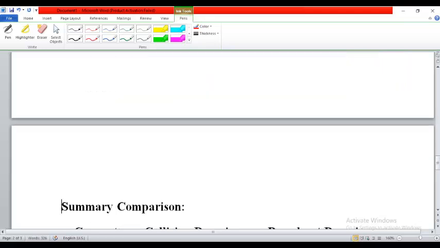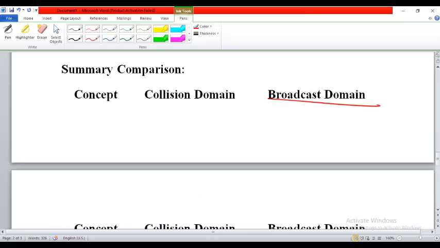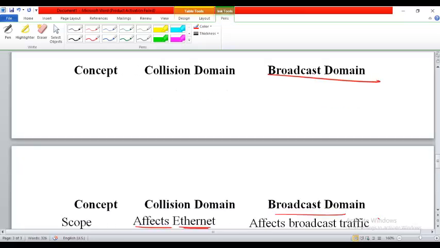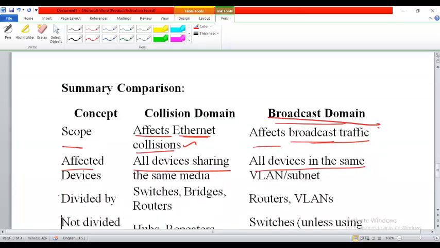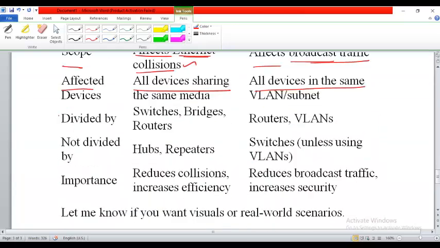All devices sharing the same media. This is about the collision domain. It means all devices are sharing the same media, so someone should control the collision. Broadcast domain: all devices sharing the same VLAN or subnet, or a LAN, doesn't matter.